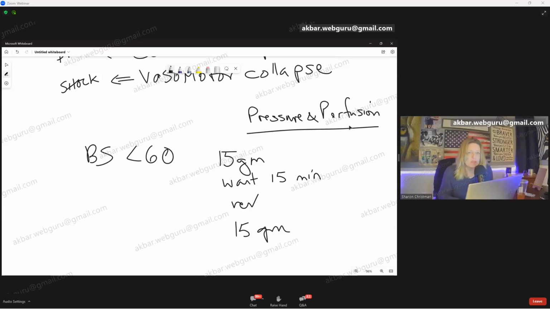15 times 3. This seems very simple, but don't mess it up. If an option says give them 30 grams of carbohydrates, no, I'm not giving them 30 grams. I'm giving 15. What if it says give them 20 grams and recheck their blood sugar in 30 minutes?